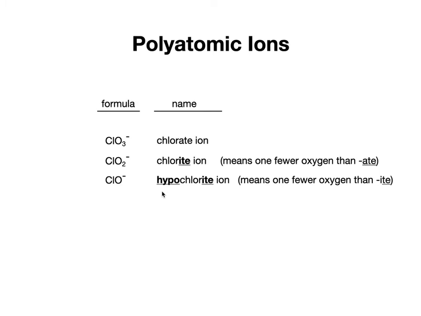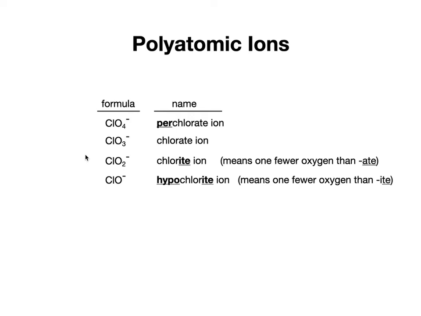Now, what is the opposite of hypo? Hyper, right? Well, let's look at this. If we have one more oxygen than the chlorate, we don't call it hyper. It's called perchlorate. Now, class, I didn't come up with the naming system for these, so I'm just showing you the method. This is like learning a different language.